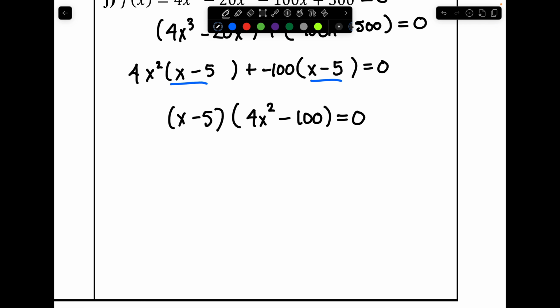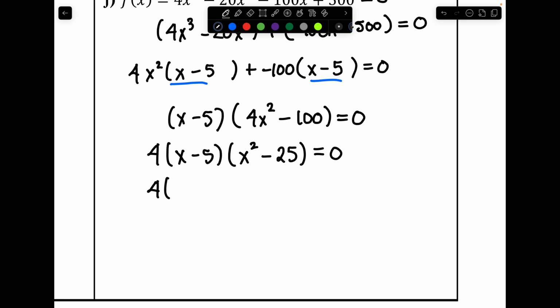So look again, the scenario here, this 4 and 100 have a common factor of 4. So I factor out the 4, x minus 5 times x squared minus 25 is equal to 0.